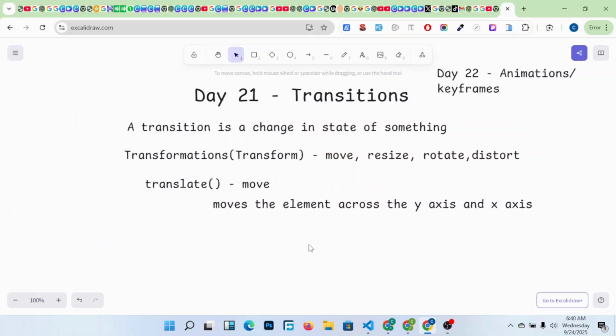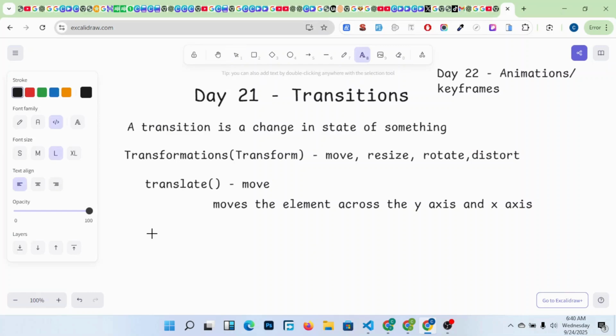So if I come here and say, for example, transform, then I say translate X, then I say 50 pixels.